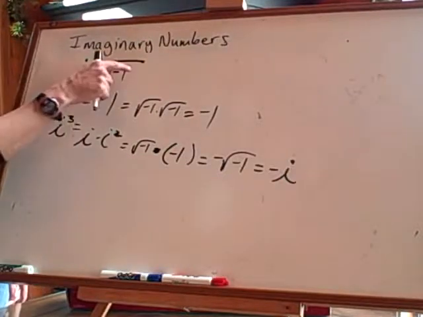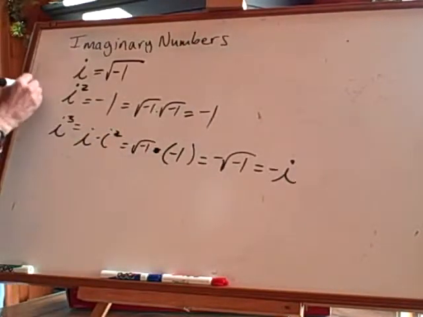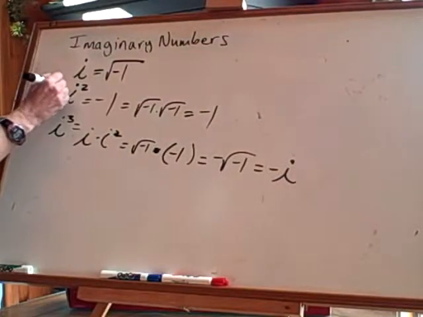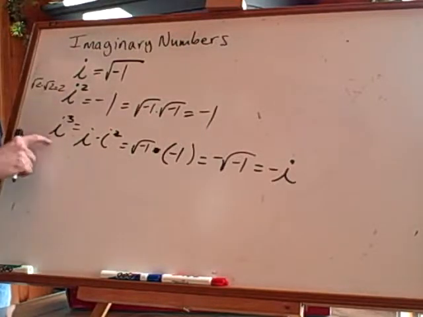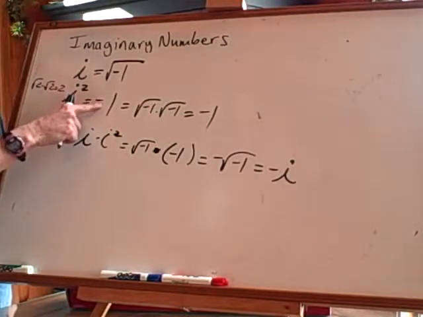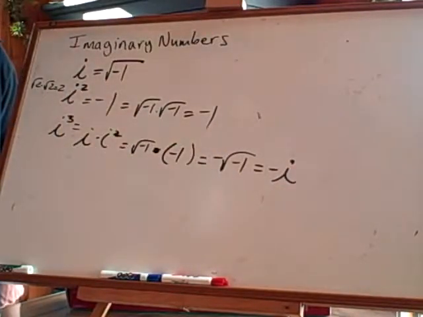When I multiply that times itself, I get -1, because the square root goes away. Just like when I have the square root of 2 times the square root of 2, what does that equal? 2. It doesn't matter what's inside; the same thing pops out. Same thing here. So when I have i cubed, it's like -1 times this, so it's negative i.